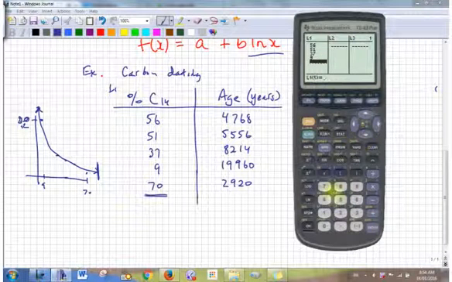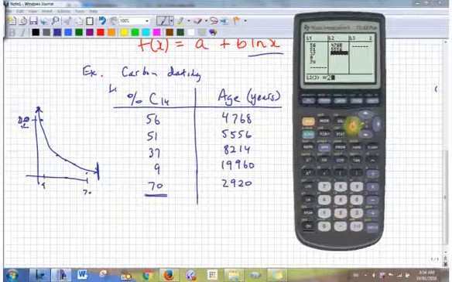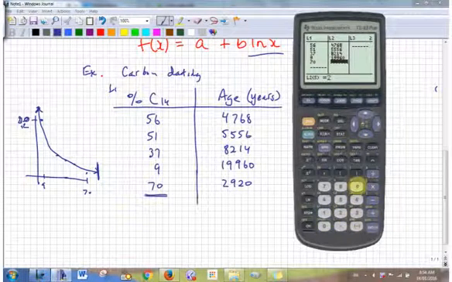9 and 70, okay? Go over to list 2. 4, 7, 6, 8, 5, 5, 5, 6, 8, 2, 8, 2, 1, 4, 9, 1, 9, 9, 6, 0, and lastly 29, 20.